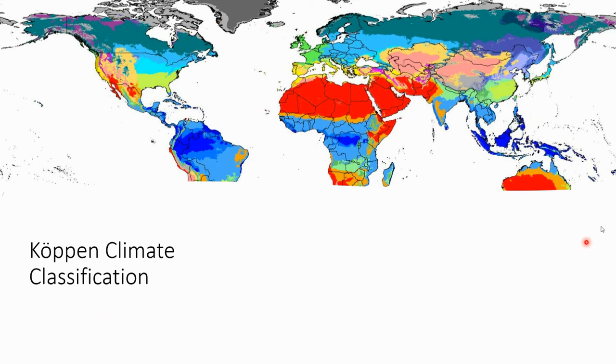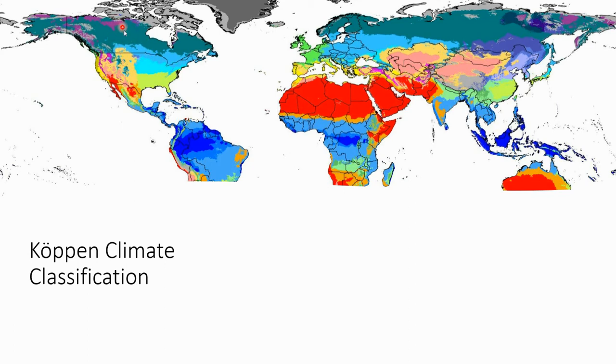So this is how the Köppen climate classification looks. There is a brief description about the climate classification in the lab. It classifies the region in different colors based on their biome distribution. If you see, this region lies in similar types of biome, and compared to that, when you go to the higher latitude, it changes.